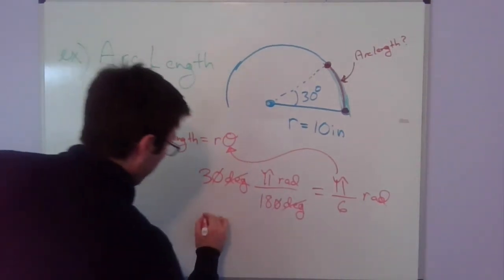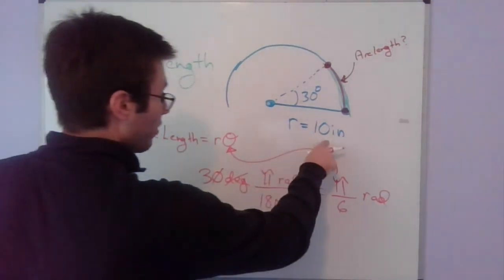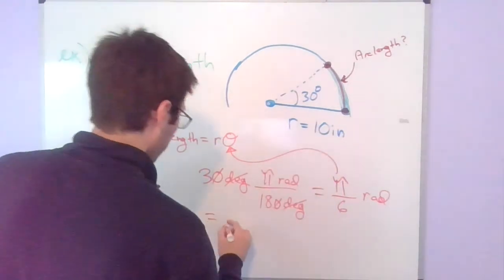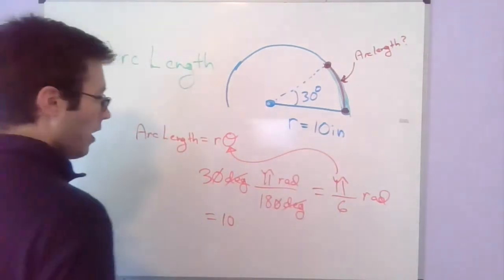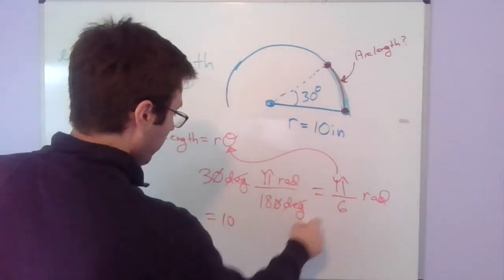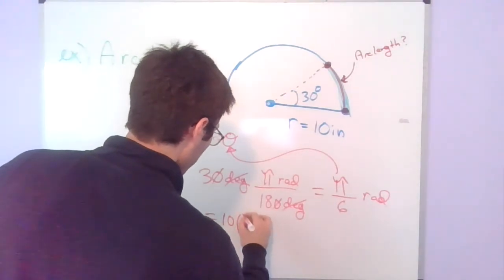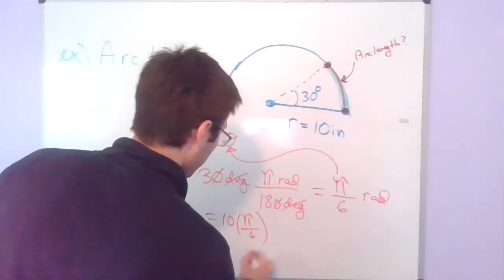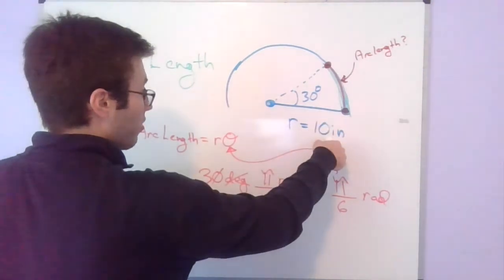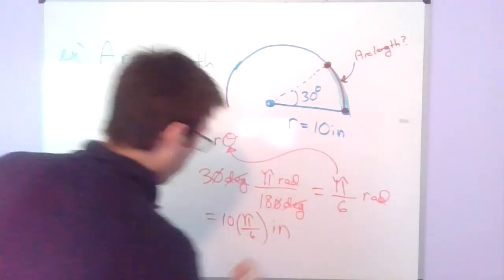So the arc length: the radius is 10 inches, so it would be 10, and then theta would be pi over 6, so you get 10 times pi over 6. This is in inches, so this is also going to be in inches.